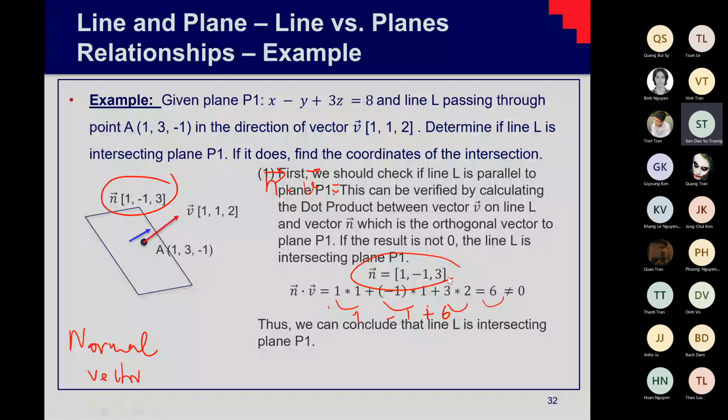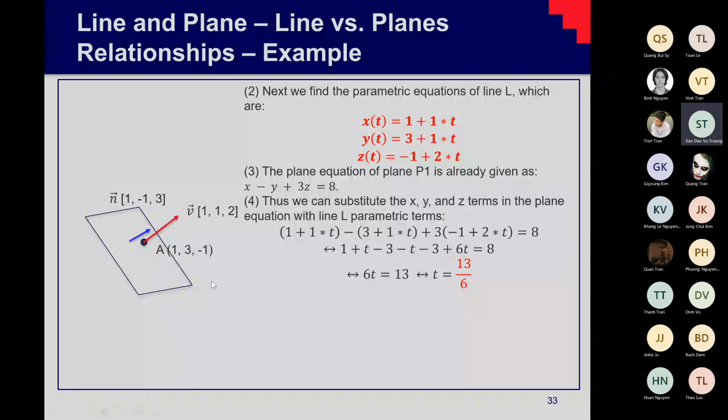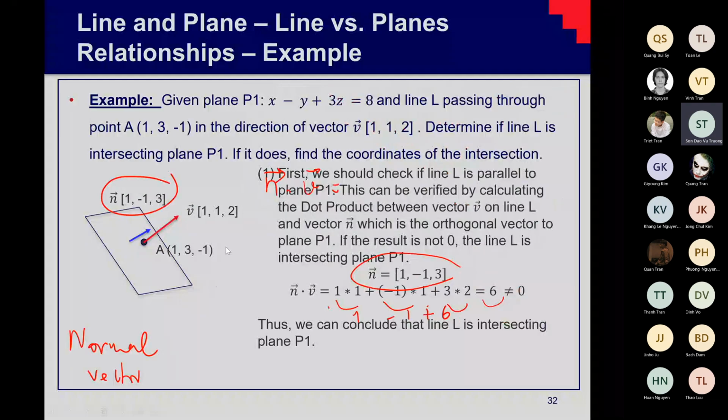So that is the first step. If we already know the line L intersects the plane P, then the next step is to find the parametric equation for the line L. As we already know, the line L will pass through the point (1, 3, -1) and in the direction of the vector (1, 1, 2).